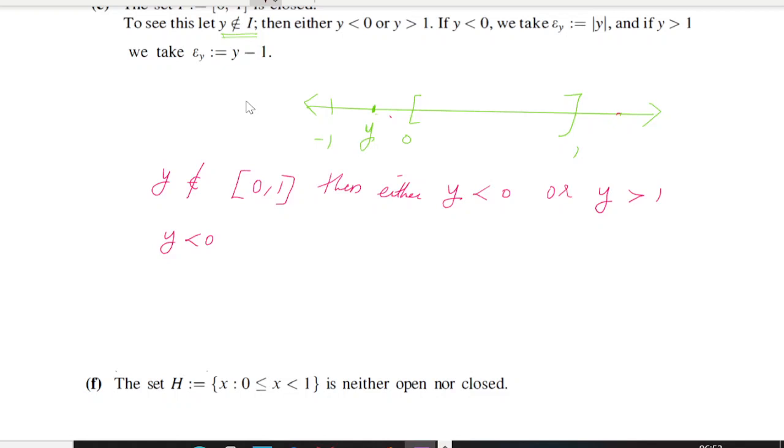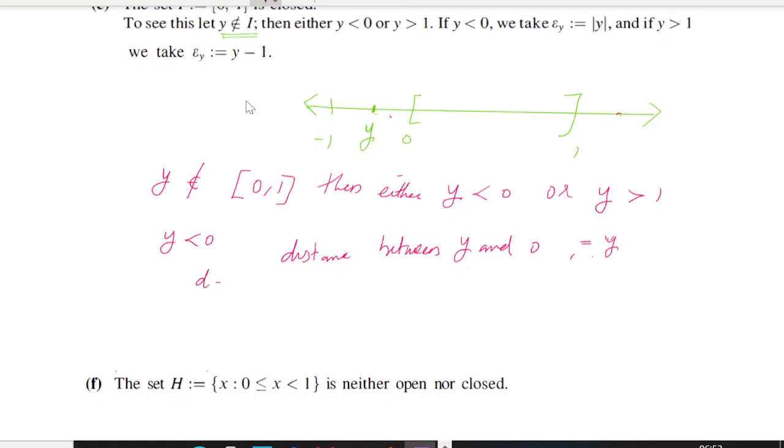You take the distance between y and 0. So what should be the distance between y and 0? I will get 0 minus y, so the distance is the absolute value of y.